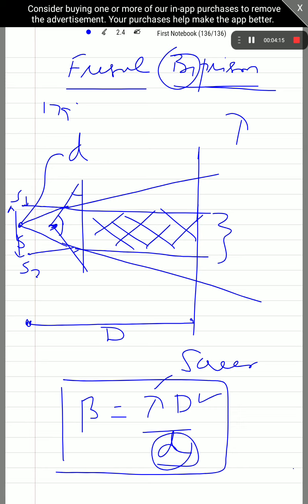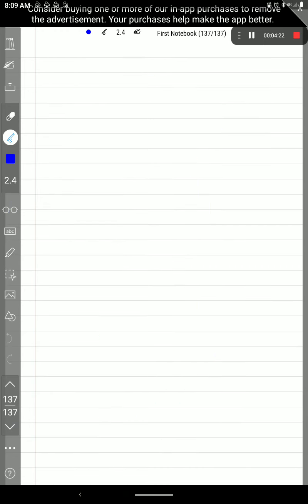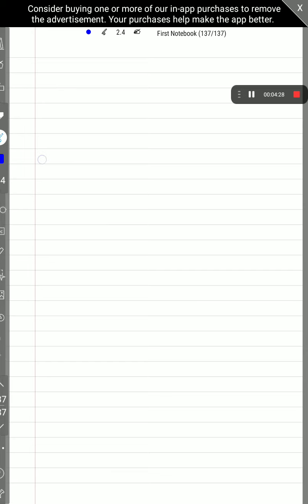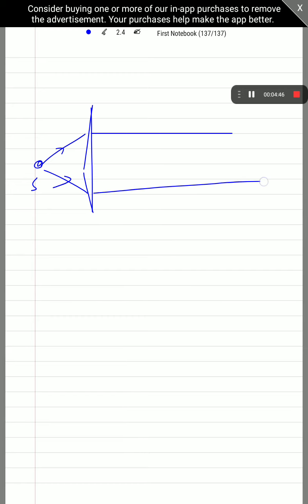The application of this biprism is in measuring the wavelength of light. If I draw it again, this is source S, this is biprism, this is a very slant angle, and we are exposing it with the source S, and light will go like that.